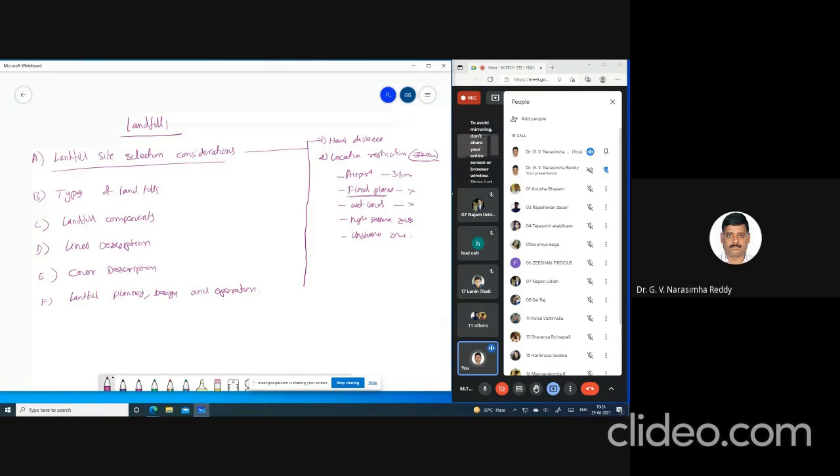Similarly, wetlands where crops can be grown, you should avoid. And high seismic zones or faults. If you suspect that there is a possibility of seismic activity, you will try to avoid that area. Here, zones means don't be under the impression that the entire India is divided into only 4 zones. Let me say high seismic faults.